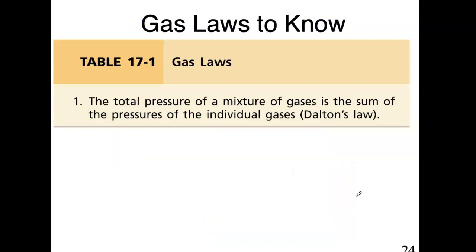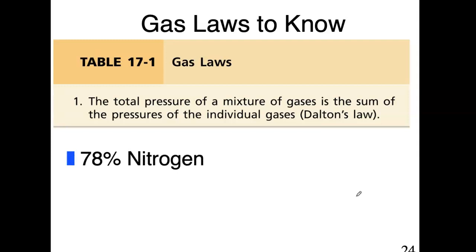Okay, we need to think of gas laws also. So we're going to take these one at a time. This is a table from your book. The first one says the total pressure of a mixture of gases is the sum of the pressures of the individual gases, and that's Dalton's law. So why are we talking about this, and why do we care?